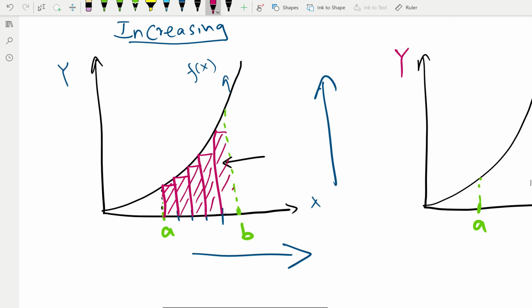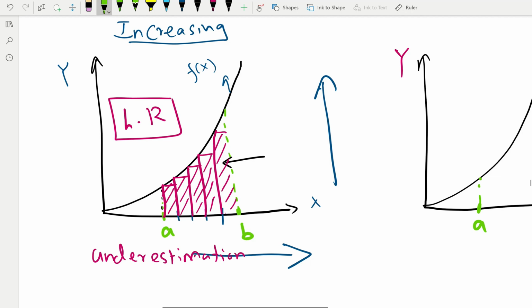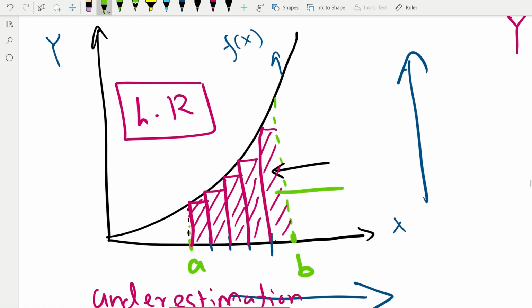You can see I get an underestimation for the left endpoint rule, which I'll write as L.R. For an increasing function, the area from the rectangles is smaller than the actual area, and we have some leftover space that the rectangles didn't cover.